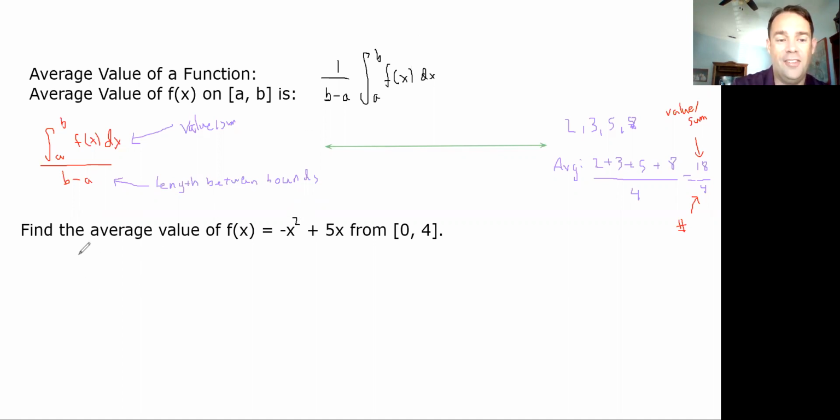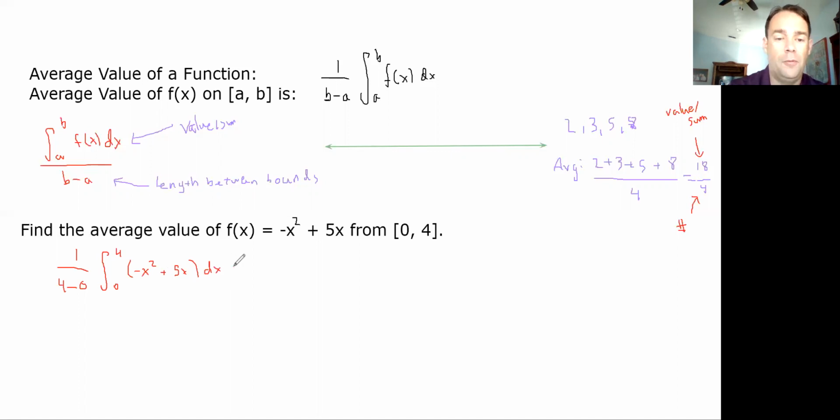All right, let's see how you guys did. So we got 1 over 4 minus 0, from 0 to 4, and we're going to find the average value, so we're going to integrate negative x squared plus 5x dx.